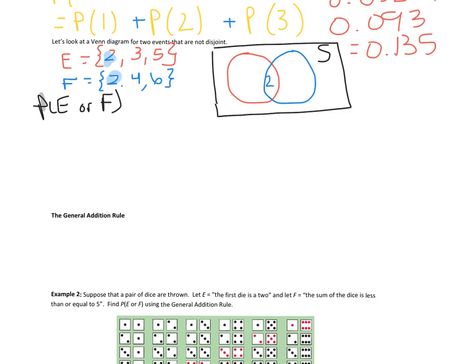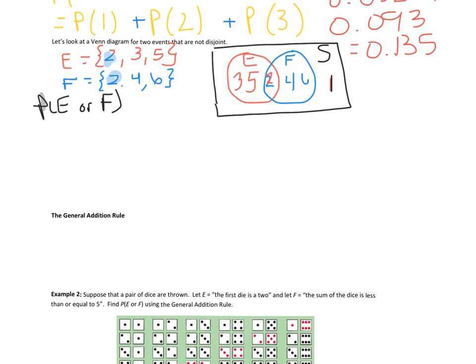So for instance, event F has 2, 4, 6, and event E has 2, 3, and 5. Okay, so we can look at this. Again, this is a counting game. Let's finish this drawing. I'm going to put 1 on the outside. 1 is on the outside.